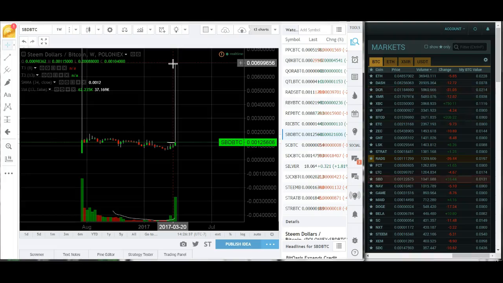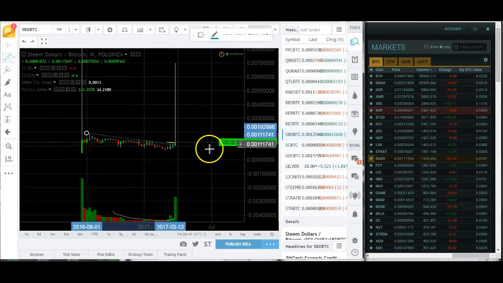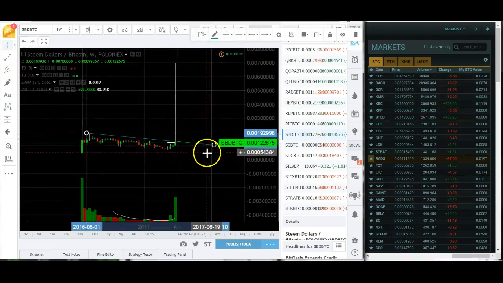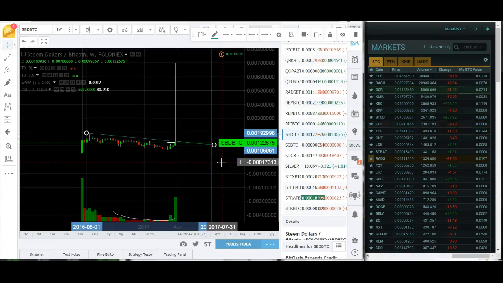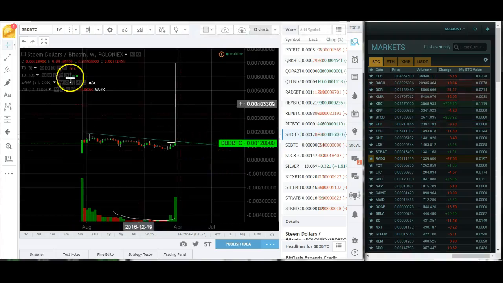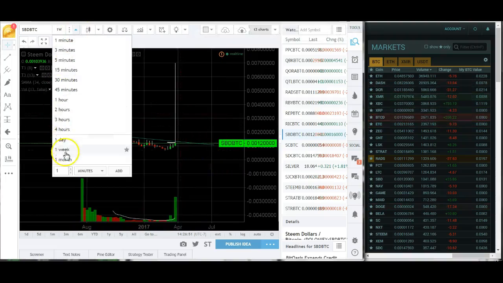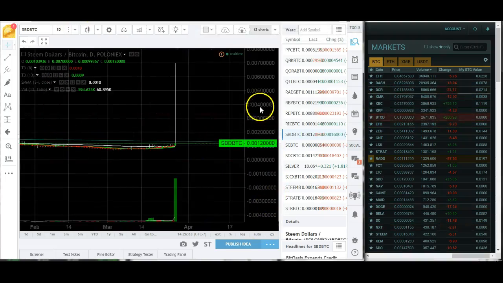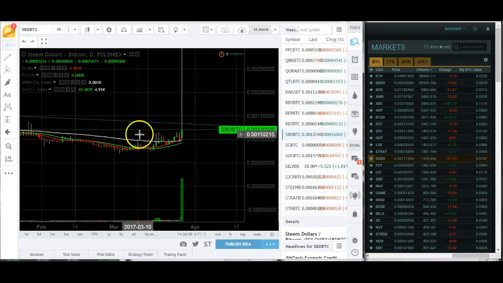I think that this one is going to be an awesome one when it turns around. Watch for previous high breaks. Do I even own this? Yeah, I own a little bit. Look for previous high breaks on this one. It's so awesome. Look for previous high breaks. Oh my goodness. These things are flipping awesome.